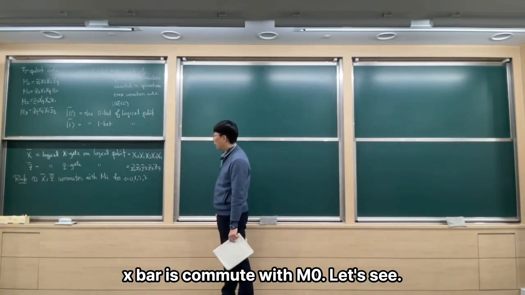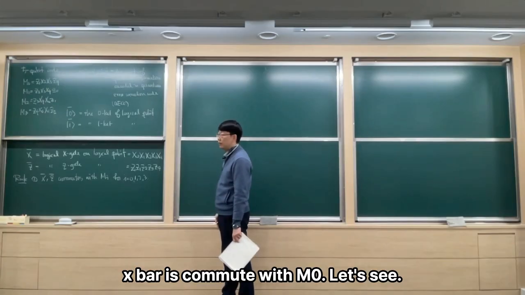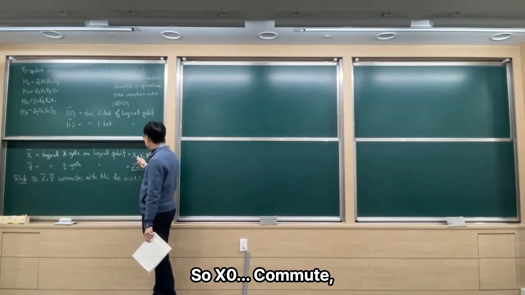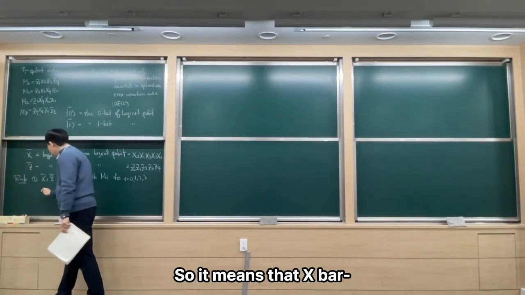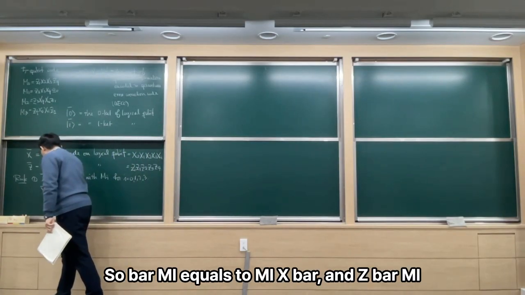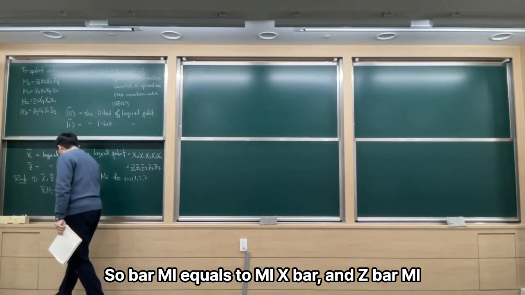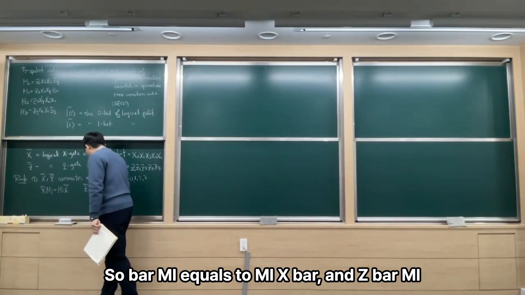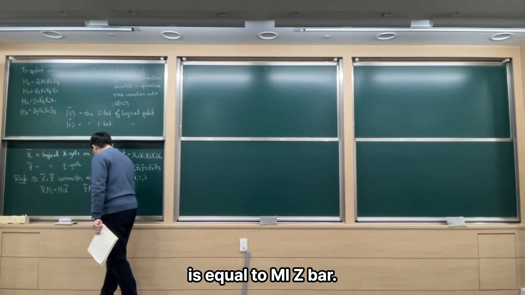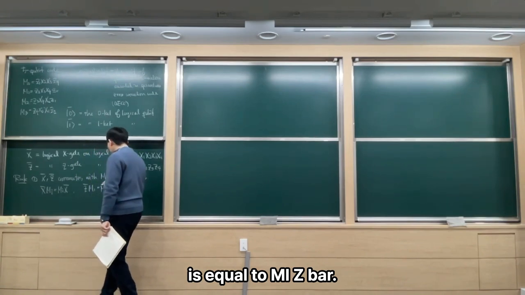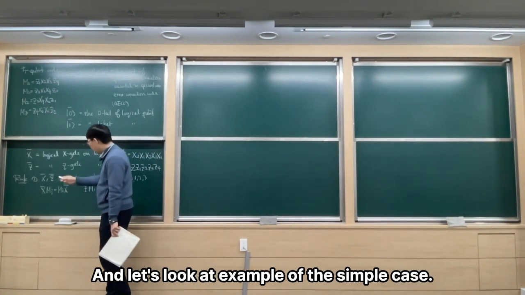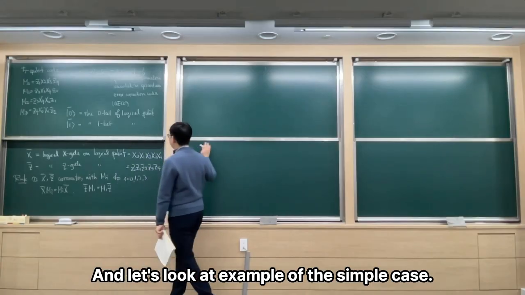For example, X bar commutes with M0. What does it mean to commute? It means that X bar Mi equals Mi X bar, and Z bar Mi is equal to Mi Z bar. And let's look at an example of a simple case.